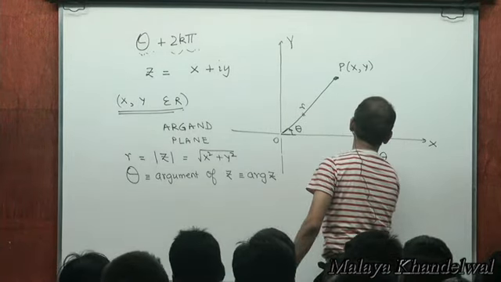That means if this is Z, then the complex number represented by P prime is referred to as Z bar, the conjugate of Z. They are conjugates of each other. Z is the conjugate of Z bar and Z bar is the conjugate of Z. So if Z is x plus iy, then its complex conjugate is given by Z bar, which is x minus iy.